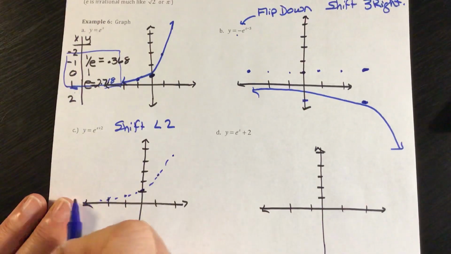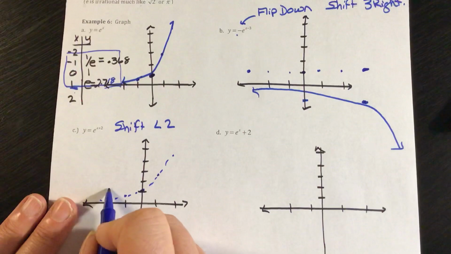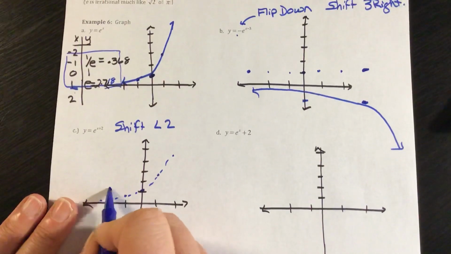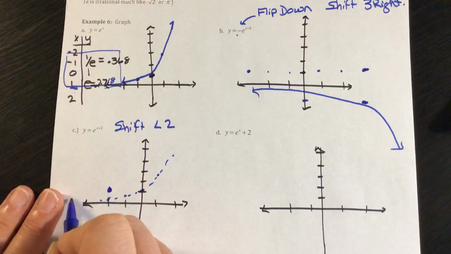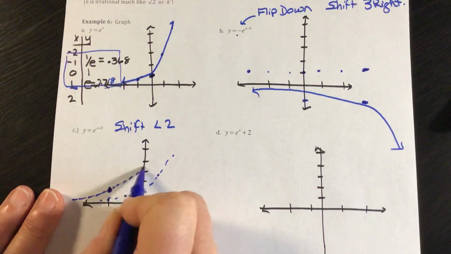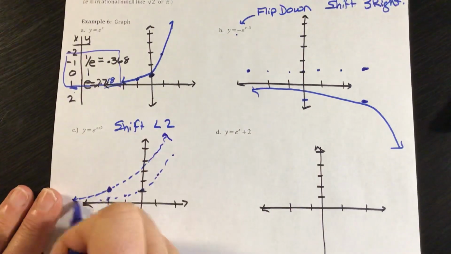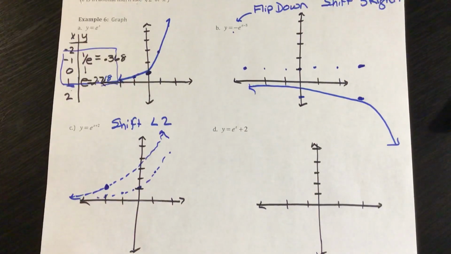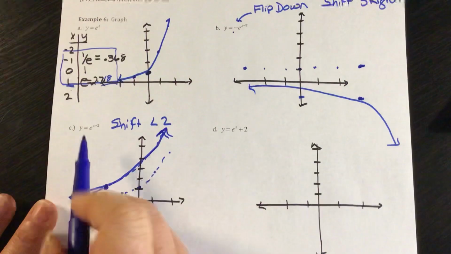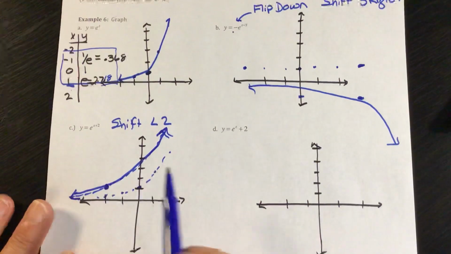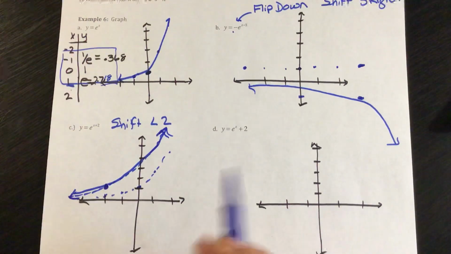I'm just going to shift all of this 2 units to the left. So here's my intercept here, and it's still going to come up and go like that. Okay, so this would be the graph of e to the x plus 2.